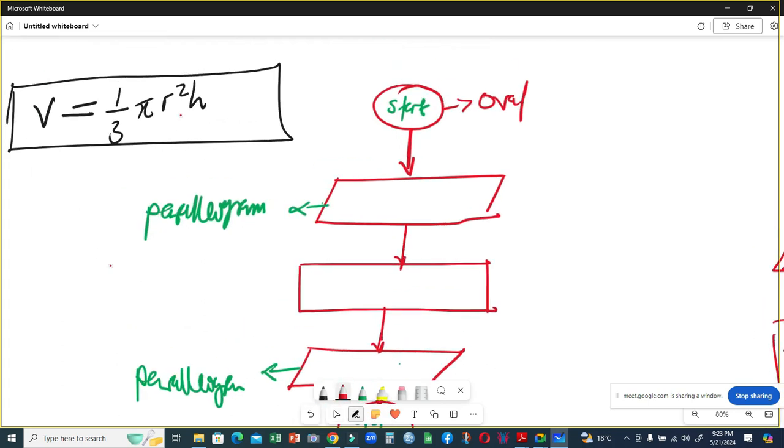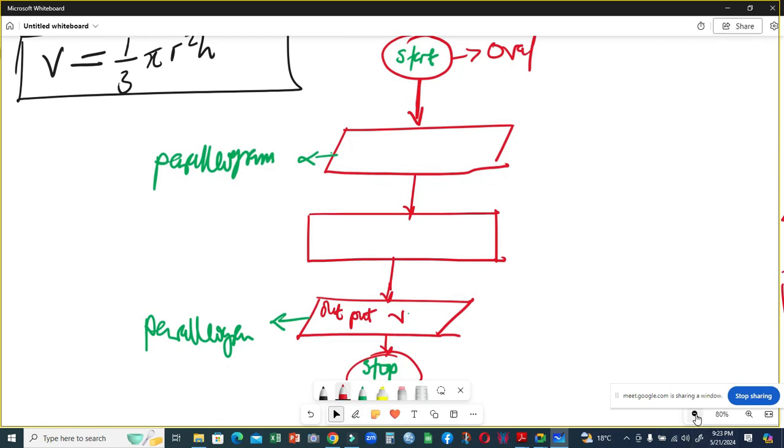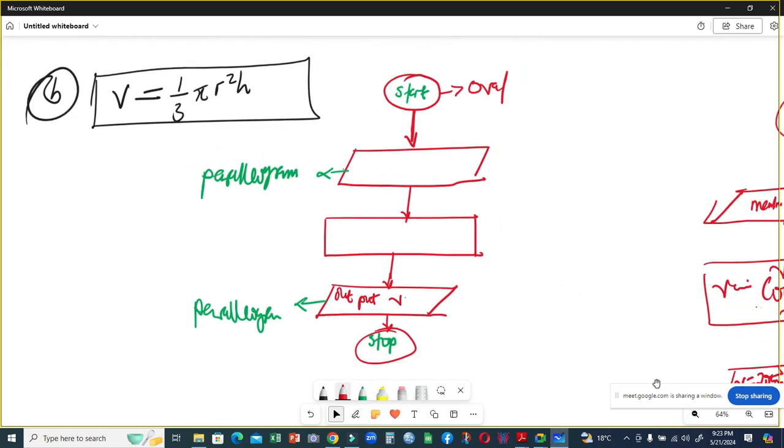On the output here, they have just written output V, meaning the value of the volume that we have calculated. And then we stop after that.